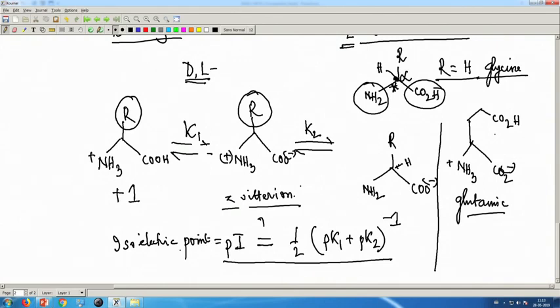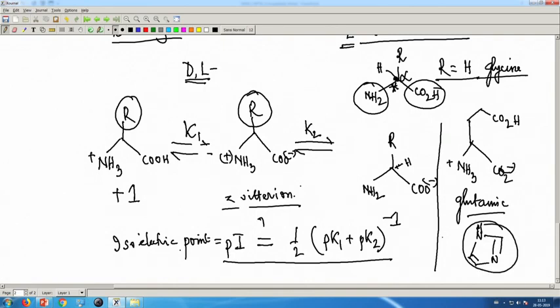Then you have just the reverse, the basic amino acids, where instead of a carboxy group you have other groups, which contain either NH2, or what is called the imidazole group. This is the imidazole functionality, and this is a basic group.